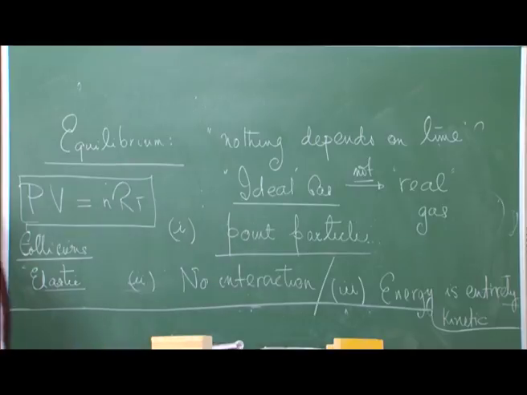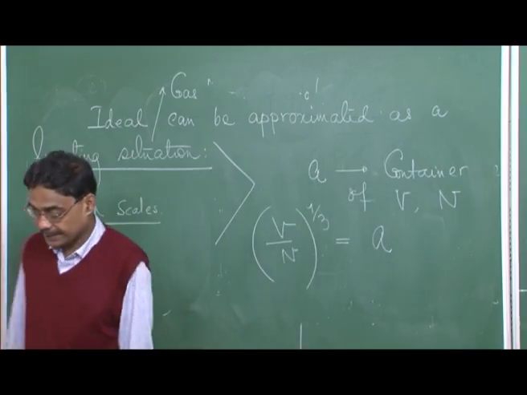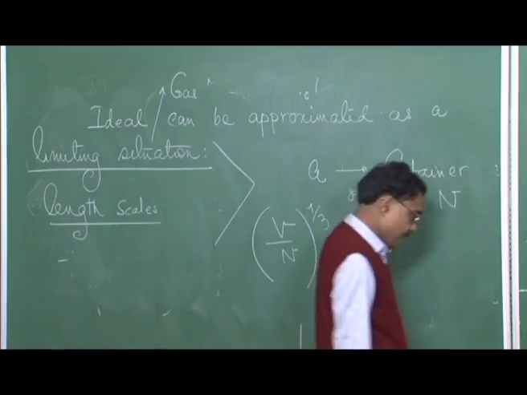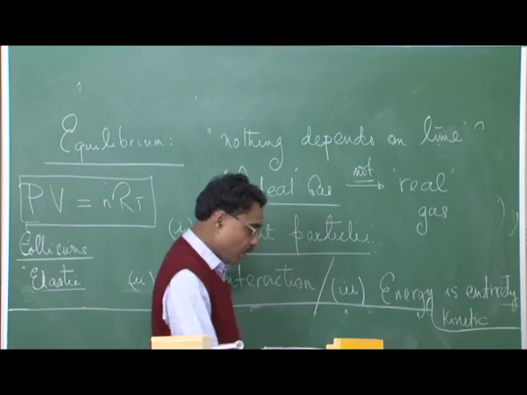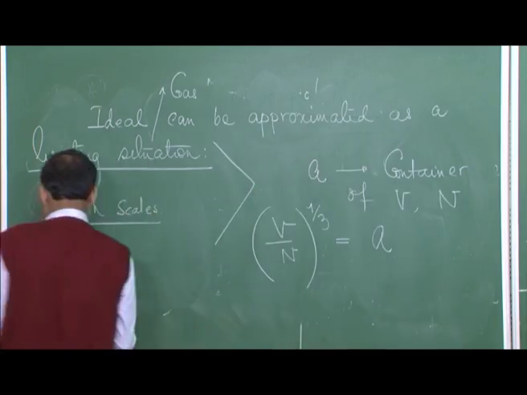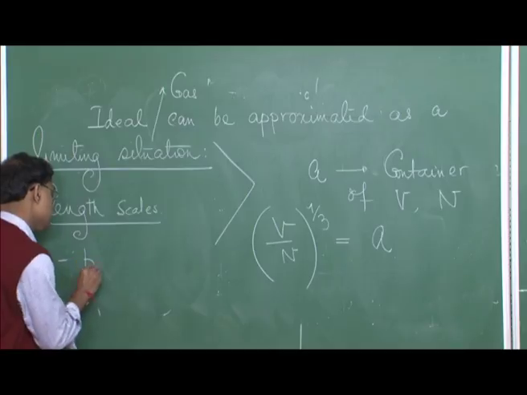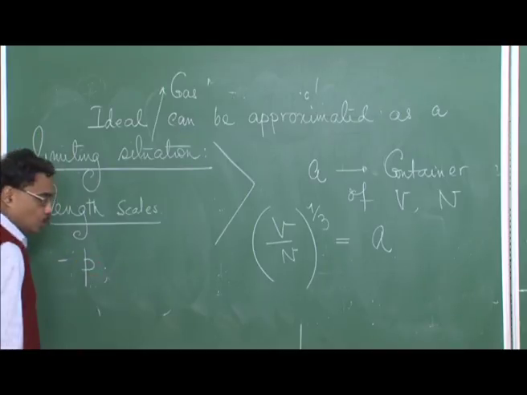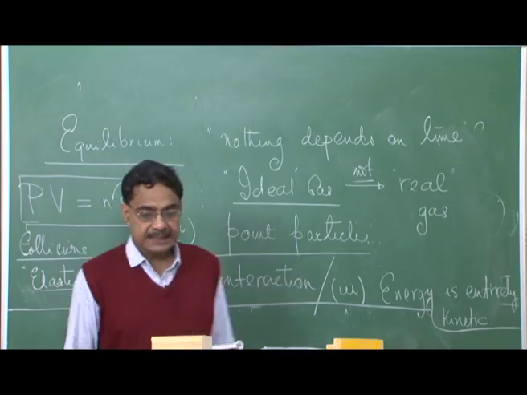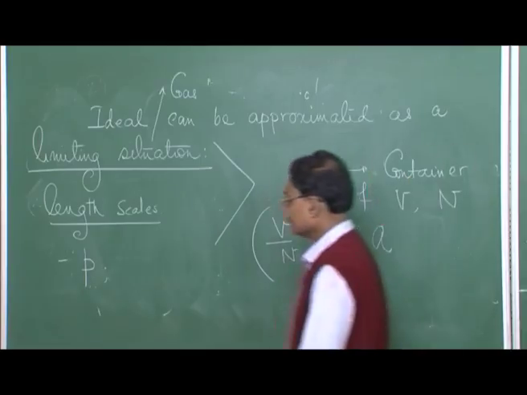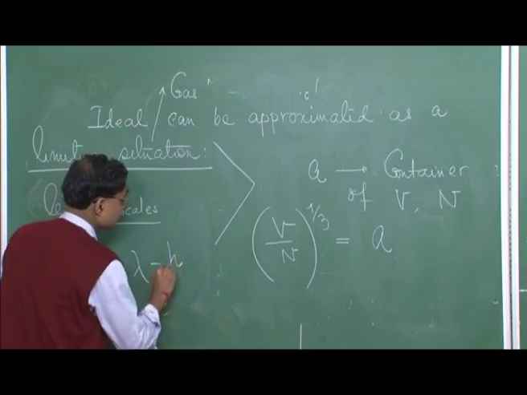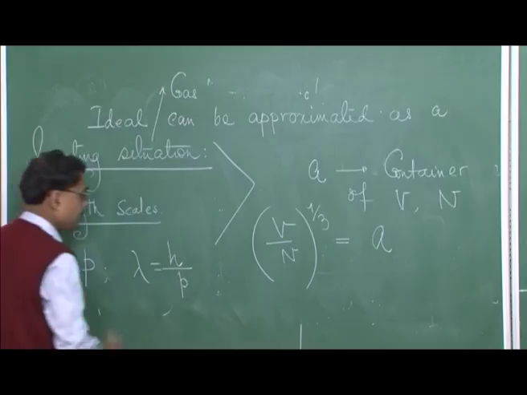Let me bring in something which you will learn later or already know, that if I have a particle of momentum p, roughly momentum p, I know from the wave-particle duality picture that there is a wavelength lambda associated with it, which is h over p.